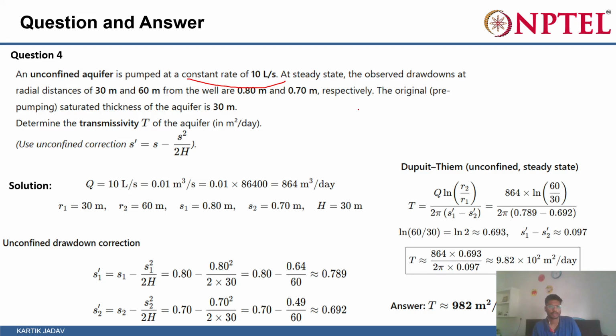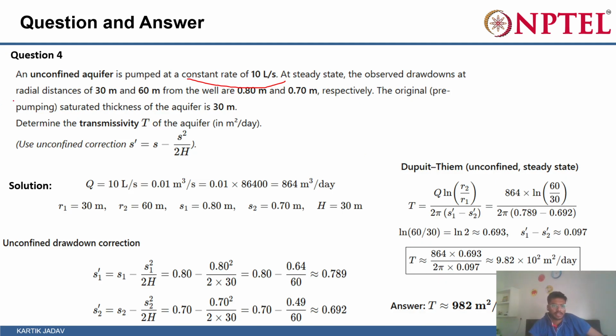So we know that for an unconfined aquifer, we need to use S test equal to S minus S square by 2H, right? Let's first write down the givens here.